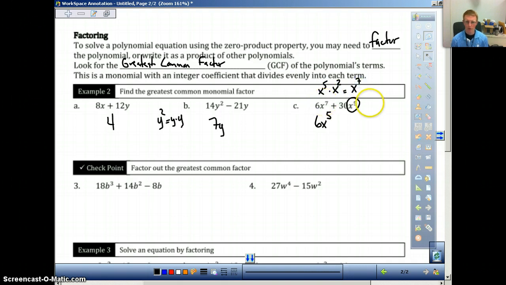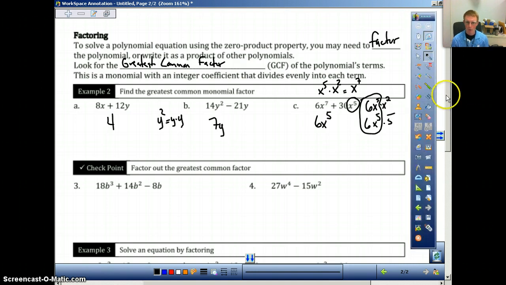So if I were to rewrite this out, it would look like this: 6x to the 5th times x squared, that's this term, and the other one would be 6x to the 5th times 5. Notice what is common between those: 6x to the 5th. It's very difficult for students to understand that at first. It will take some getting used to. You just have to try it and practice it.